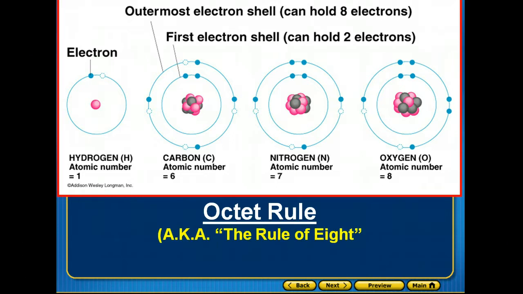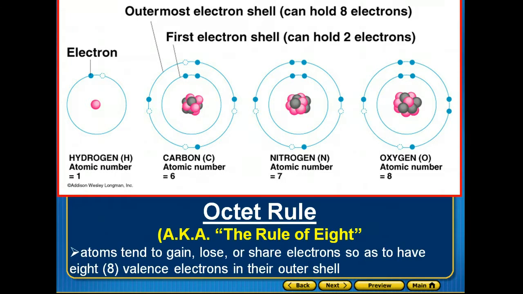This is known as the rule of 8. Octet means 8. You think of an octagon as 8 sides. What this is saying is that atoms tend to gain, lose, or share electrons so they can end up with 8 valence electrons in their outer shell. That's a general rule. For some reason, they want to get a full outer shell, and they're trying to get that full outer shell to be 8.